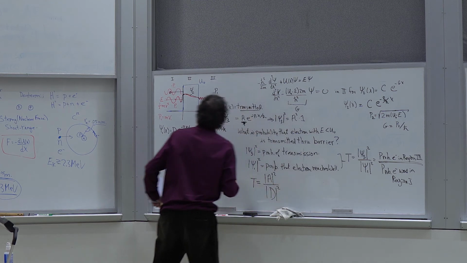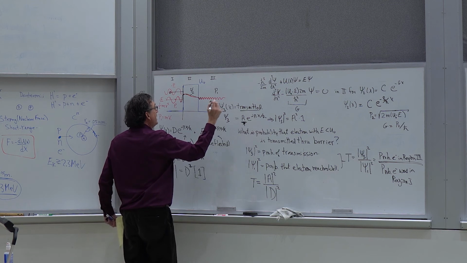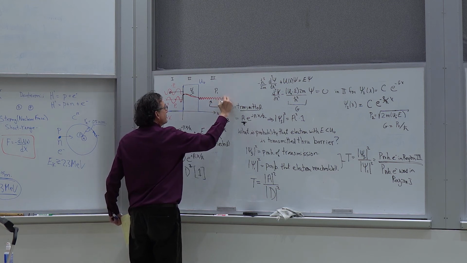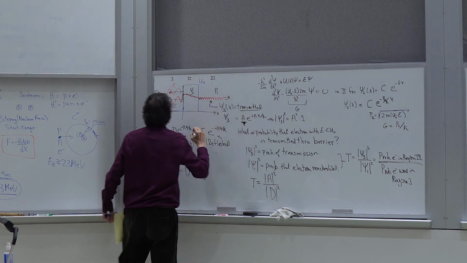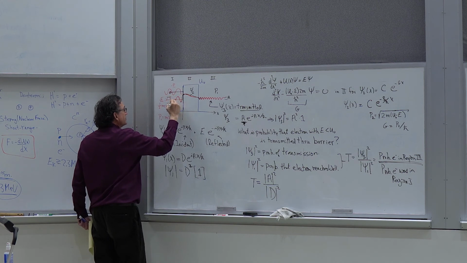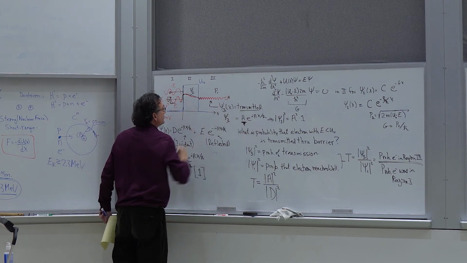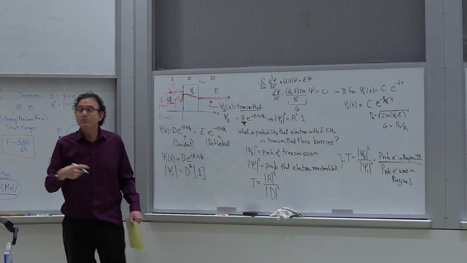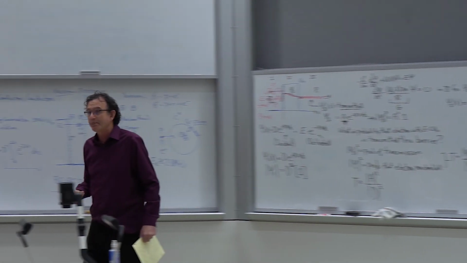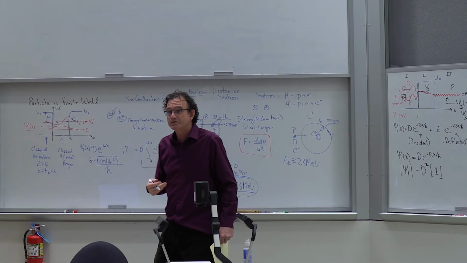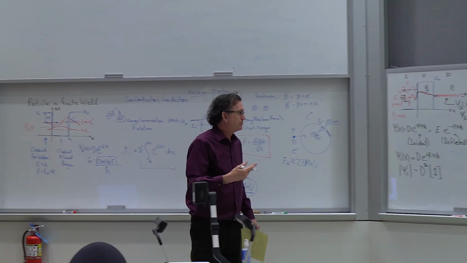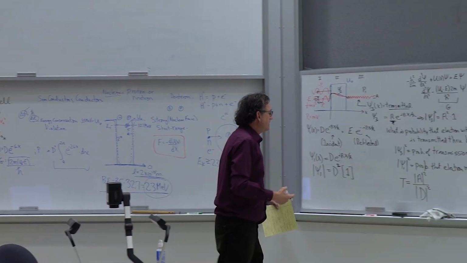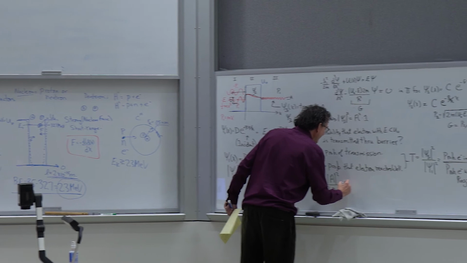In simple terms, a is the amplitude of this wave, and d is the amplitude of this wave, and the ratio of a over d squared is the amount that gets transmitted. So it's a wave technique of calculating this.